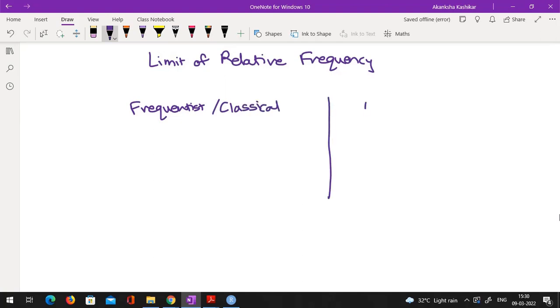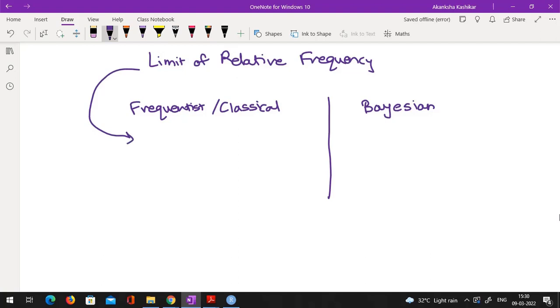And there is another school of thought which is comparatively new, known as Bayesian methodologies. In the classical approach, generally we think of probability as the limit of relative frequency.